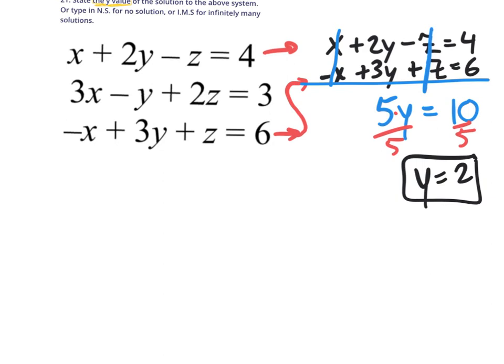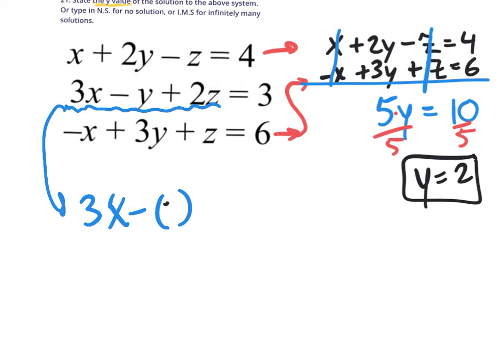Well, let's go back and use the one I have not used, and let's plug in this y value of 2. All right, so I'm going to rewrite the middle one down here. So it has a 3x minus y, but instead of y, I'm going to put a 2 right in there, plus 2z equals 3.